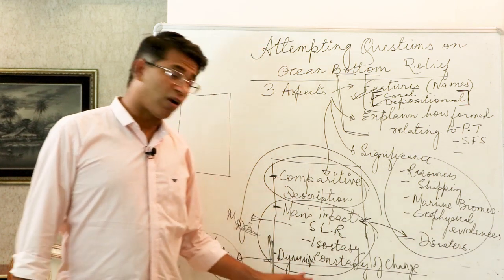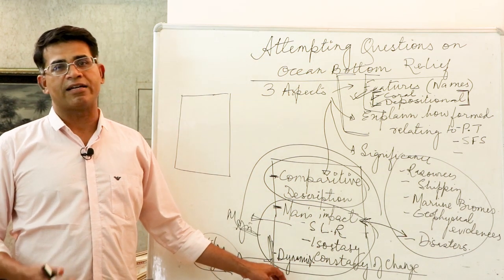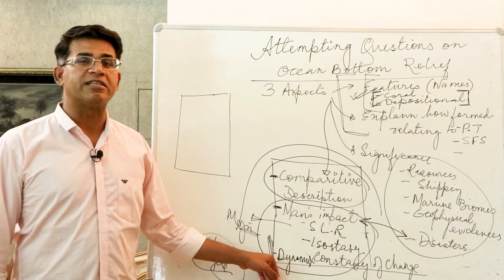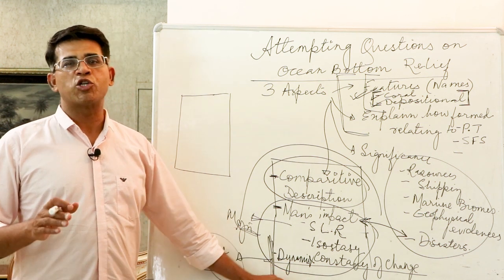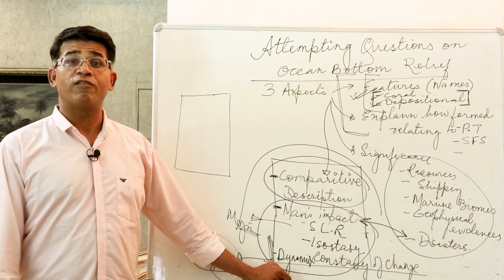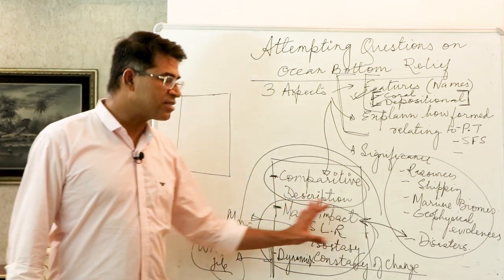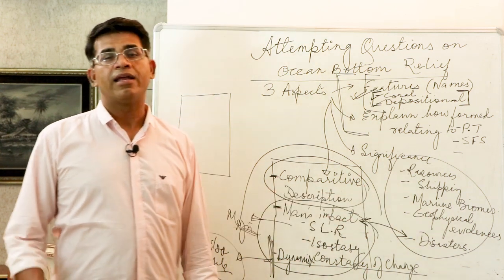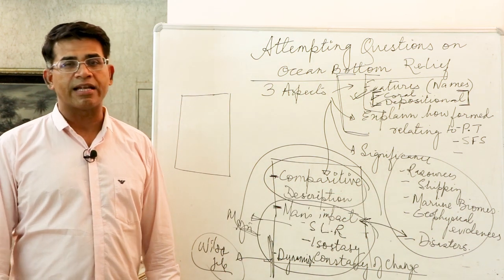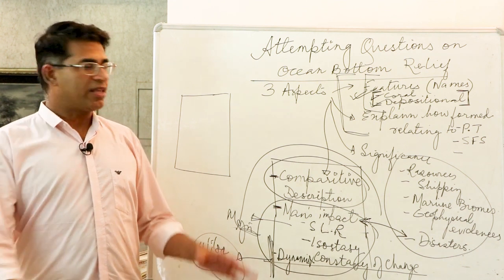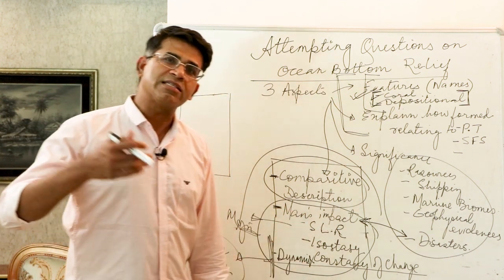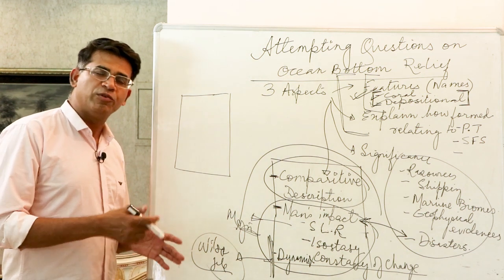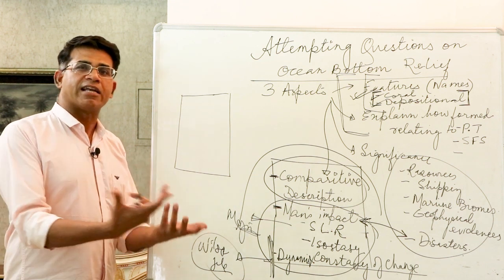On top of it, we also have a lot of climatic factors, eustatic factors, isostatic reasons, and human interferences which can alter the shape, orientation, and the nature of the ocean basins. It is this that makes your answer unique and credible and better than somebody else's answers. Whether you can write this or not, that's about your writing skills. But this is the content you will have to weave your answer around.